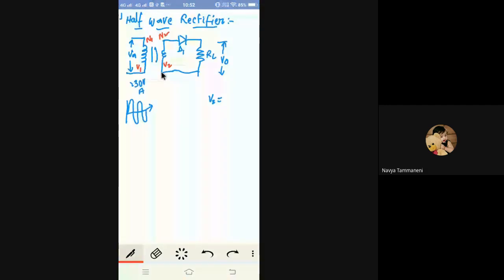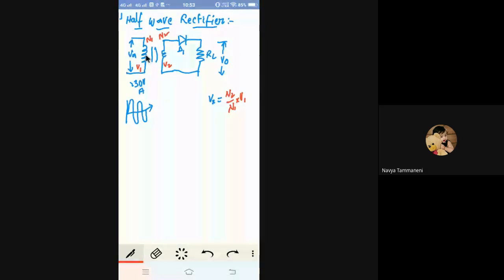So how will I get V2? The V2 formula is N2 by N1 into V1. So the number of turns in the secondary winding by the number of turns in the primary winding into V1.